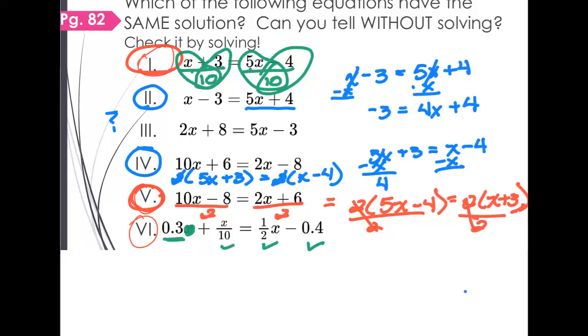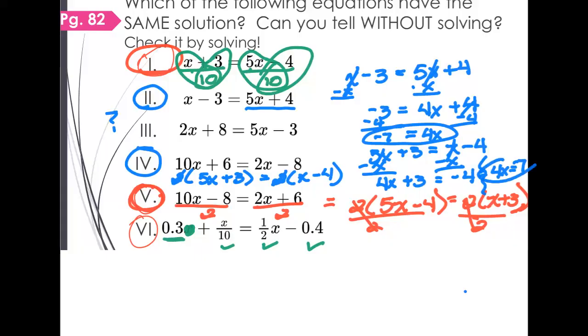You get 4x plus 3 equals negative 4. And if I move the numbers to the other side, you're going to get 4x is equal to, what is that? Minus 3, negative 7. And over here, subtract 4, you're going to get 4x is equal to negative 7. But you had to do a lot more work for this one. Okay?